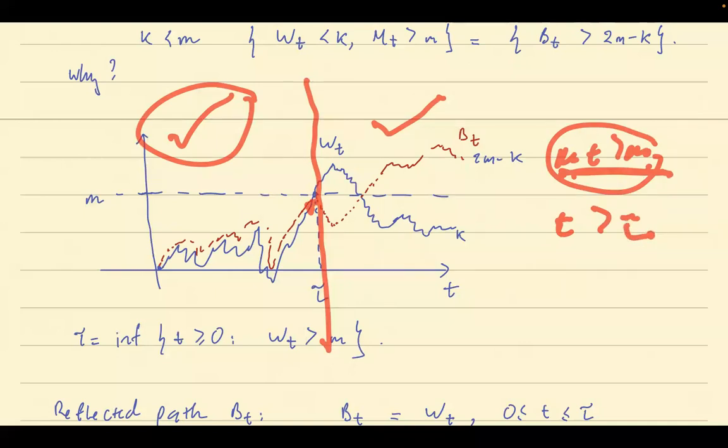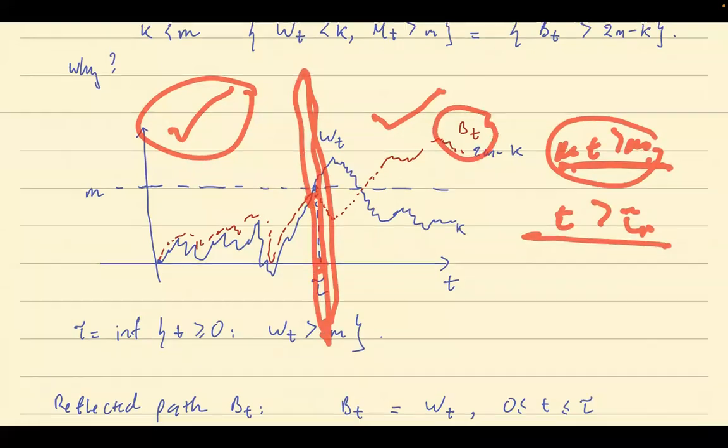That's all. MT bigger than M means we have crossed the time horizon. Sounds like the event horizon in a black hole, that kind of thing. So anyway, we have crossed that event horizon, and the Brownian motion has been reflected. That's all it means.